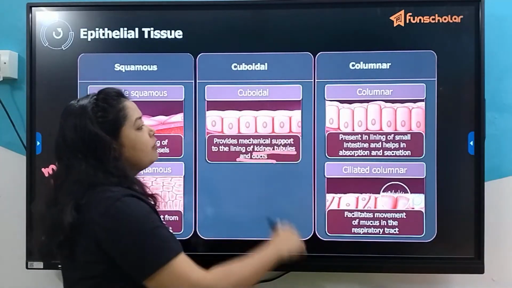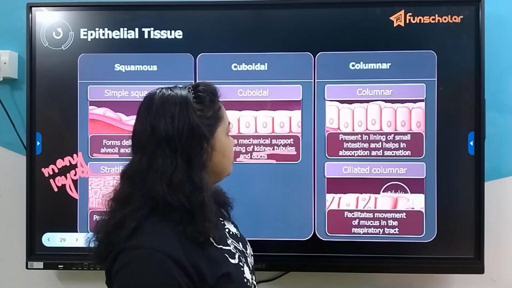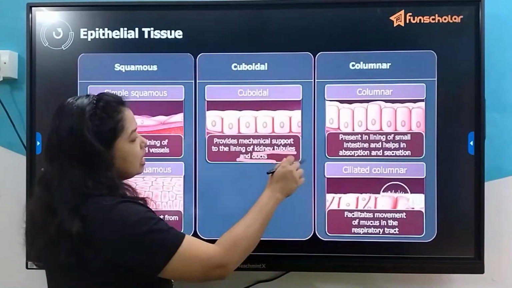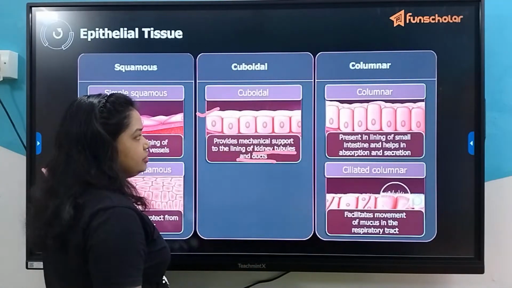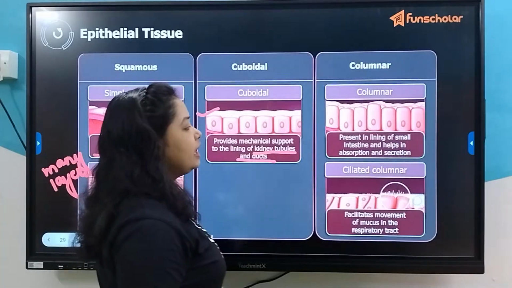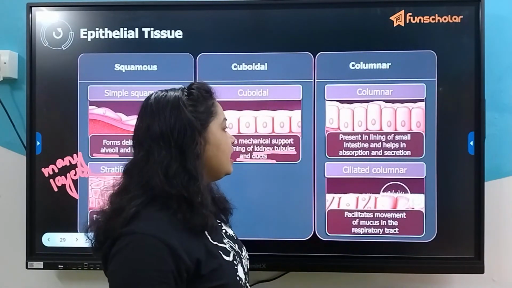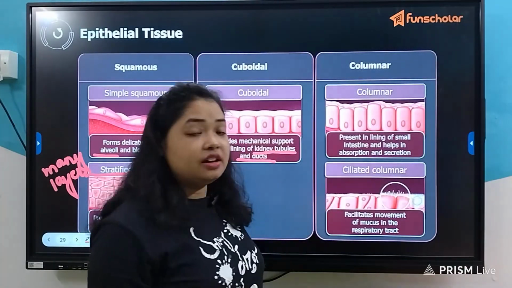And then we have got the columnar epithelium. In columnar epithelium, the cells are like columns. You can see the columns are longer in structure as compared to the cuboid structure. So columns are like the pillars. They also increase the surface area, like the intestinal lumen, which contains the villi.